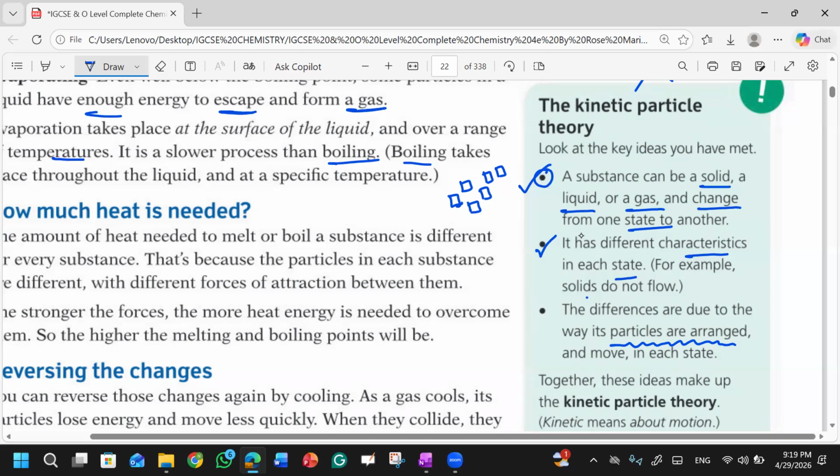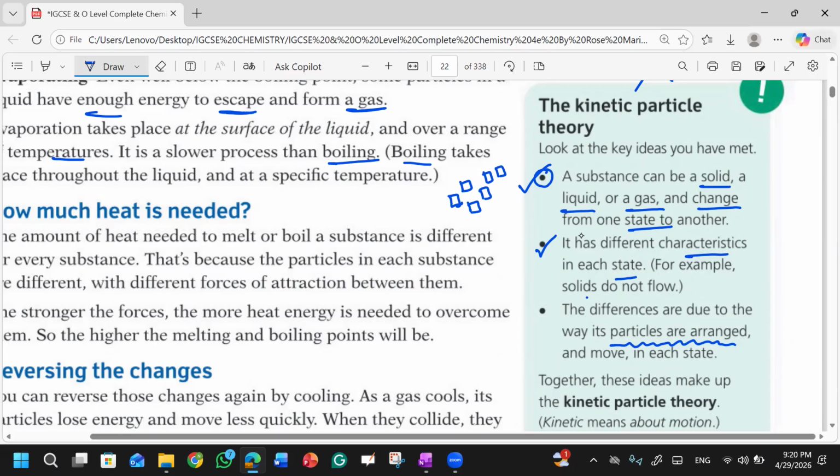In liquid, they're arranged close together, but there are some free spaces as well, right? Yes, it is not that compact structure. There are some observable spaces available in the liquid.